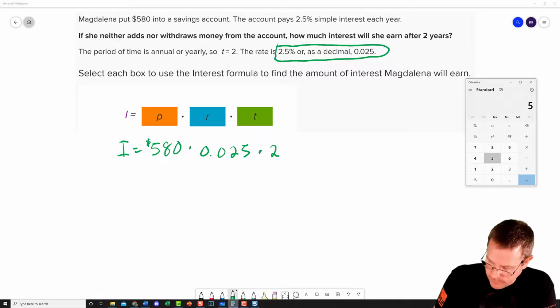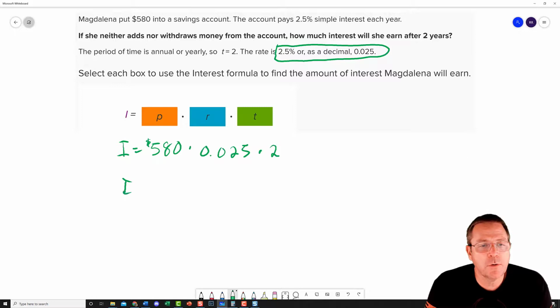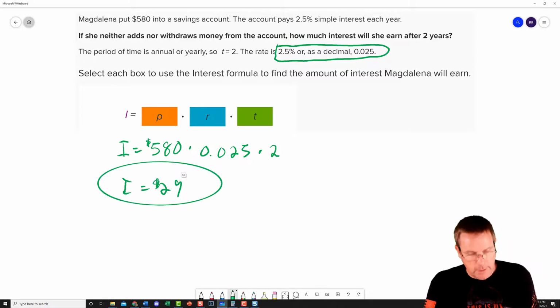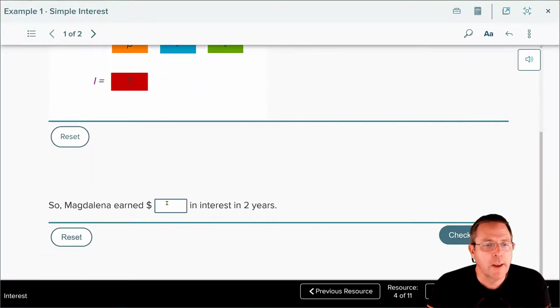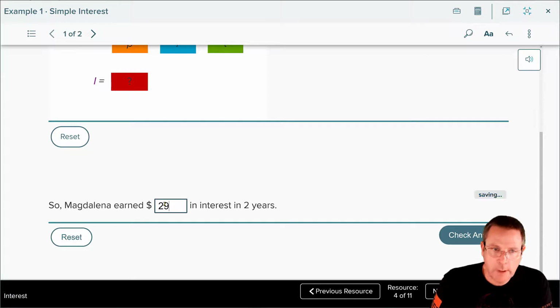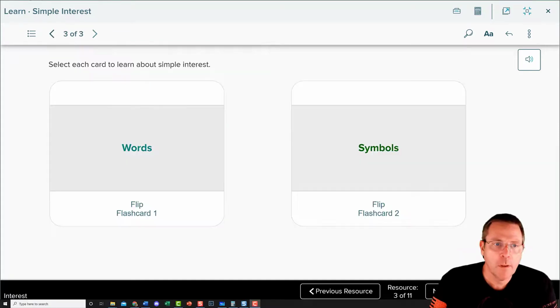Grab your handy dandy pocket calculator. 580 times 0.025 times the 2 years time, and we're going to find that she's going to earn $29 interest in that 2-year time period. Go back to our problem, scroll down, she's going to earn $29 in 2 years, and the answer checks. Excellent.